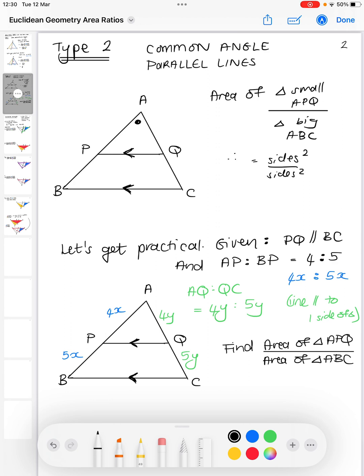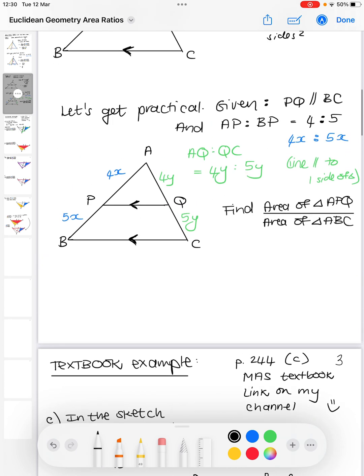I'm going to make that more practical. We are looking at blue and green sides, and they share parallel lines as well as a common angle. So this is a type 2 example. We are going to say, to find the area of triangle APQ.